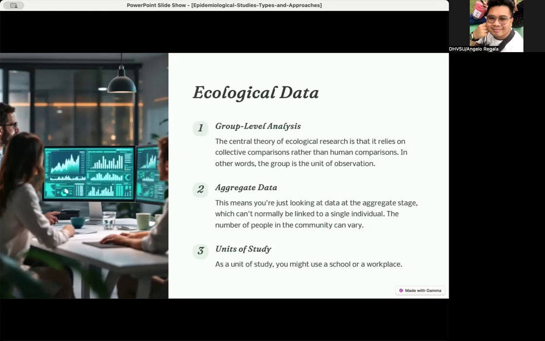Because again, in ecological study, we're talking about a group as a whole, not as parts. So as a unit of study, we can work with the entire school, entire community, entire barangay, or a certain group of people. Okay, so that is the ecological study.